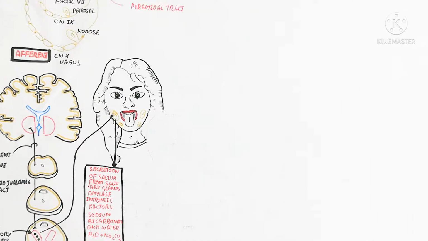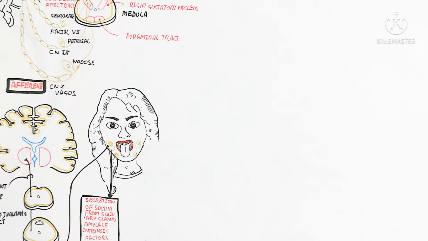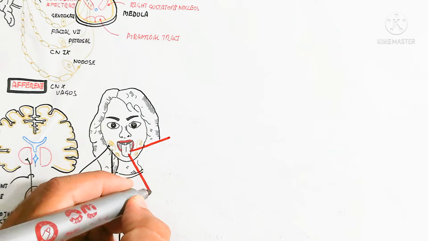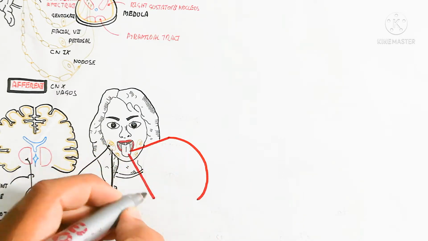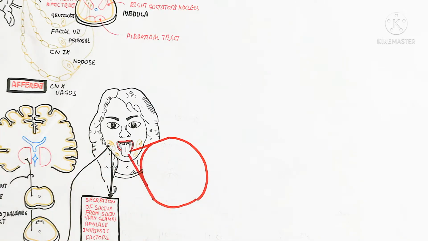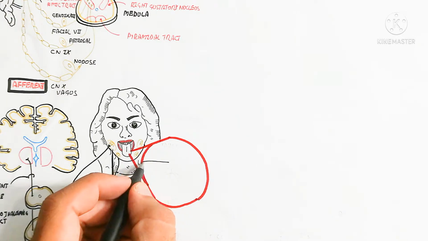This basically changes the pH from acidic toward basic. The amylase enzyme is used for the digestion of starch, and that is why more taste will be felt.